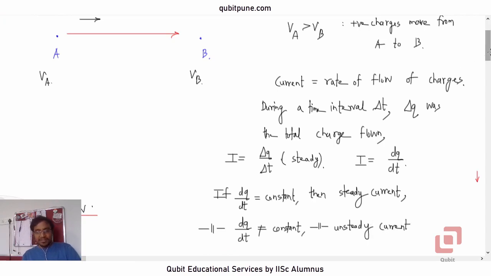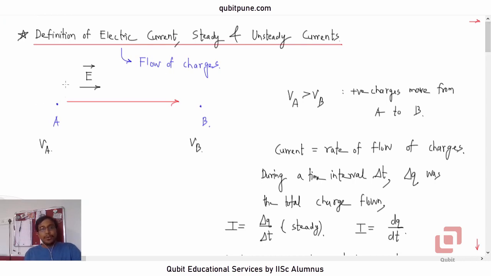It is also interesting to note here that you cannot have a repository of infinitely many charges at point A. So instead of sending all available charges from A to B in a very short span of time, what we do is we circulate the same charges one after the other.